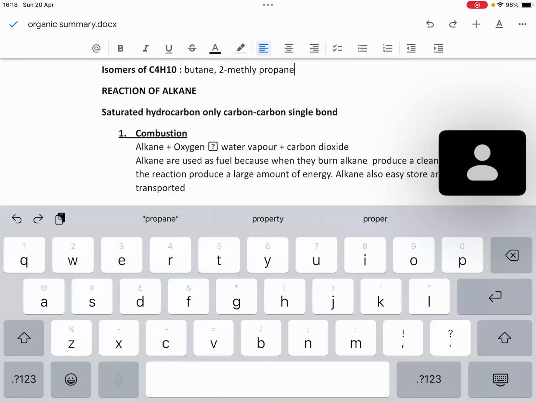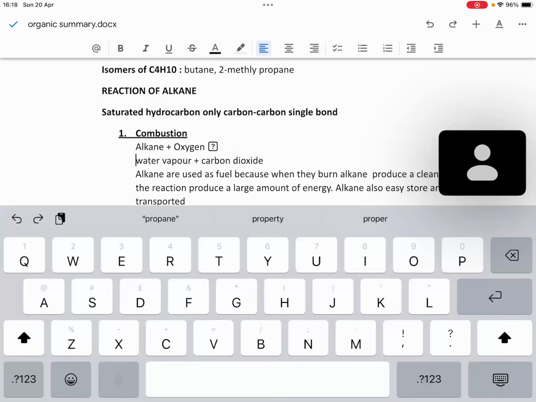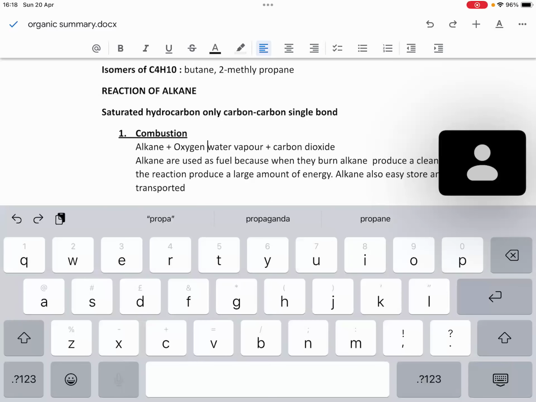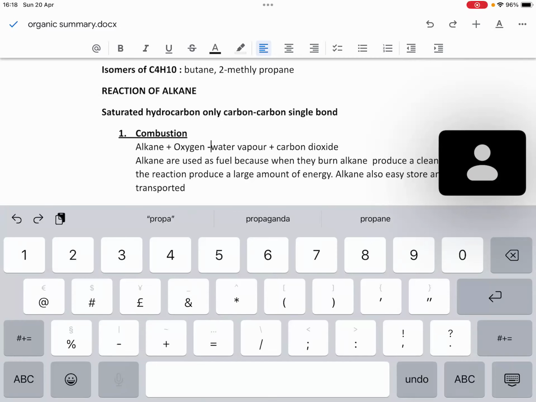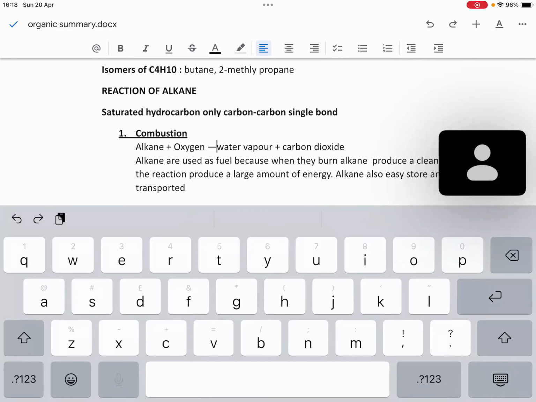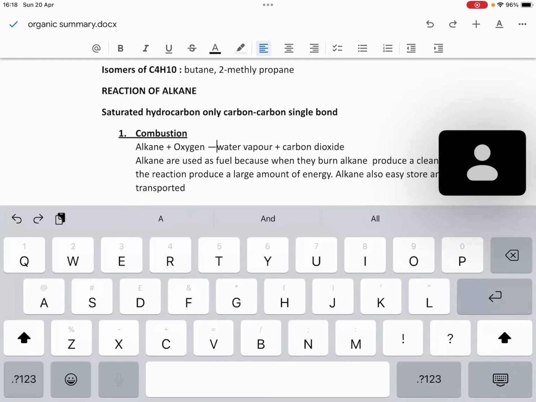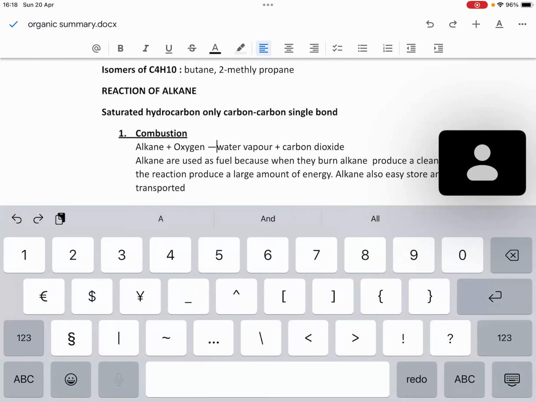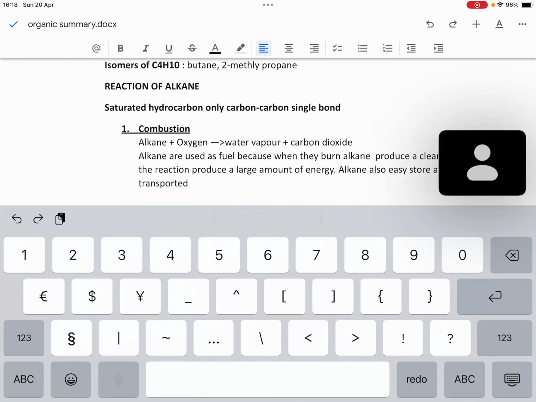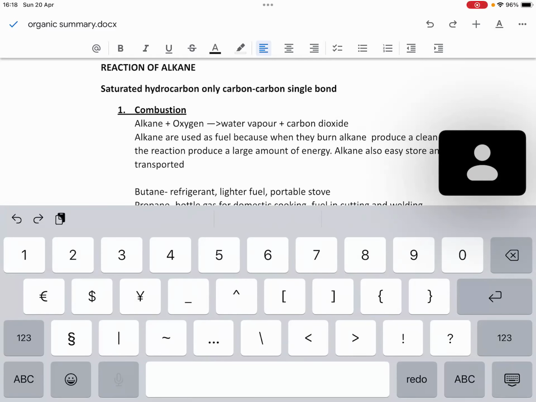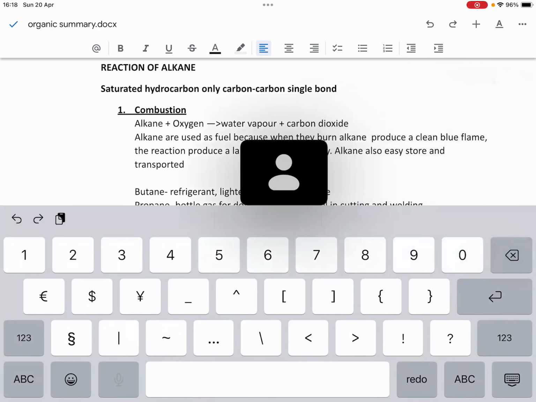Where is this question mark? It's supposed to be an arrow. I don't know why it presents like that. I'm not going to fix all of them, but these are supposed to be arrows. So alkane and oxygen burns to give carbon dioxide and water vapor.